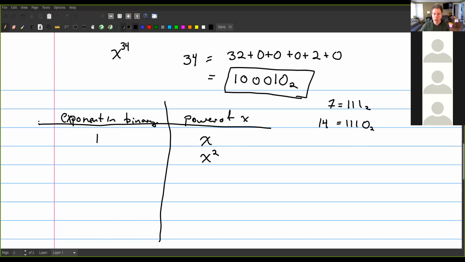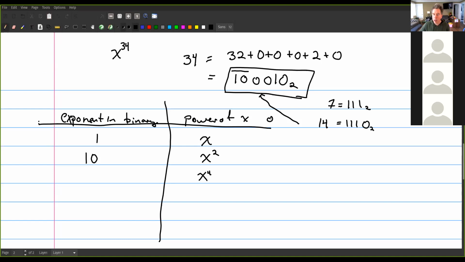So if I do x squared here, the binary representation of the exponent is now 1, 0. So it kind of creates a new 0 here. What I'm going to do is try to build this. So right now we've got the 1, 0 part, and I'm just going to keep going. So I'll square again.